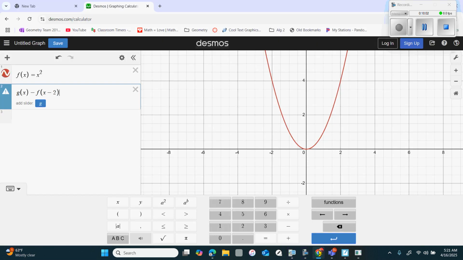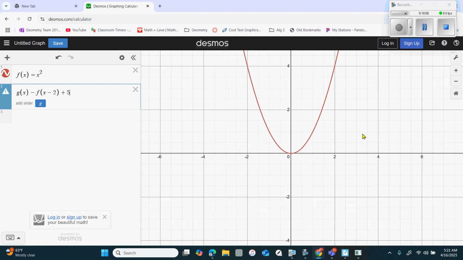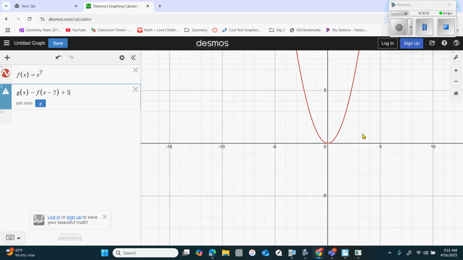So I need plus 5, and right now I don't really see the graph, but what I might need to do is zoom in and zoom out. Oh, I forgot to put equals. My bad. Equals. Yeah, there.